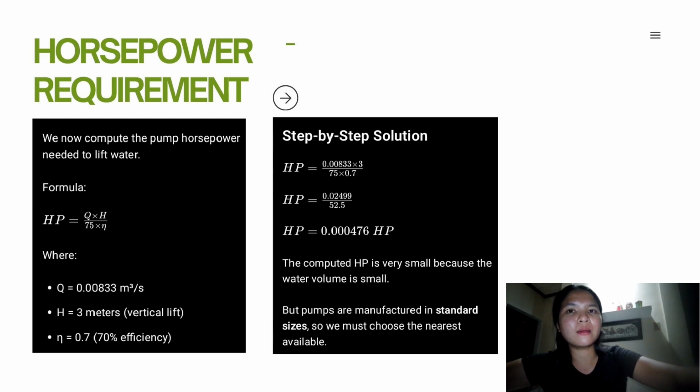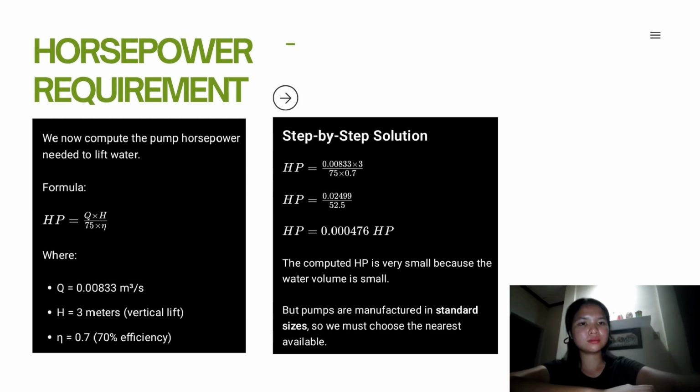And then, gi-divide na po nako sa step 2: 0.2499 divided by 52.5. So, ang result niya is 0.00476 horsepower.